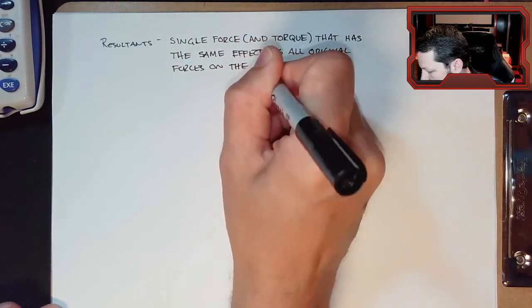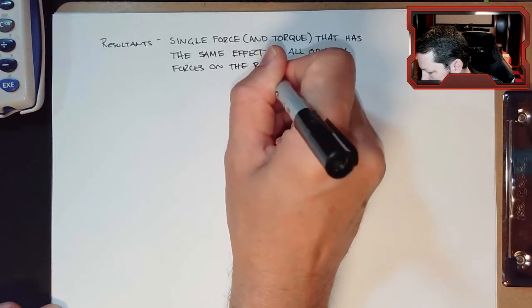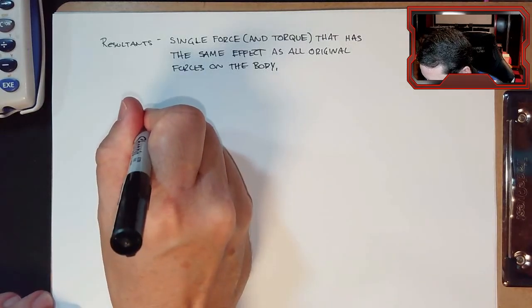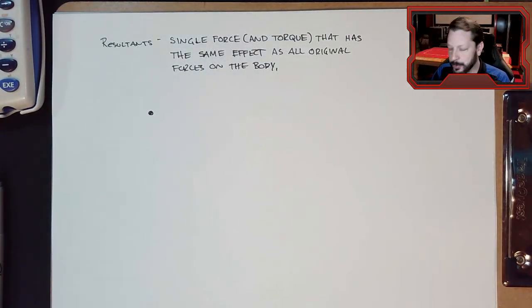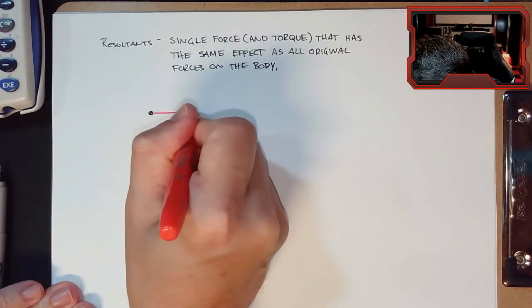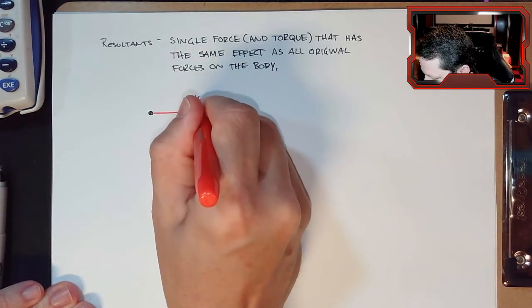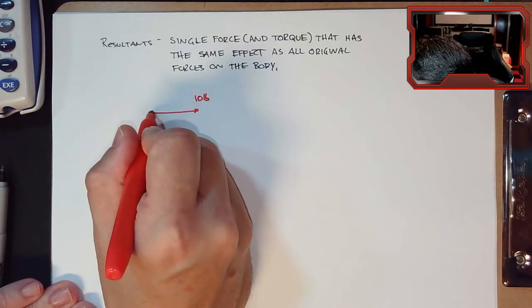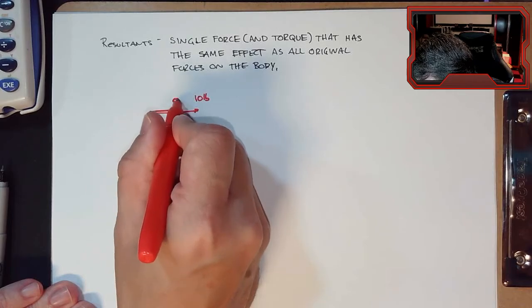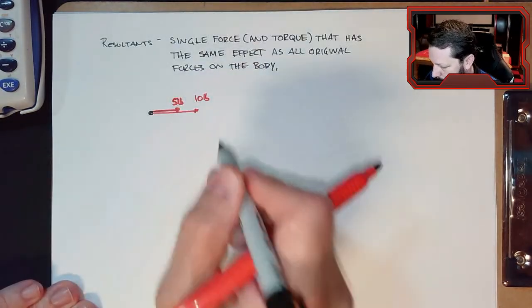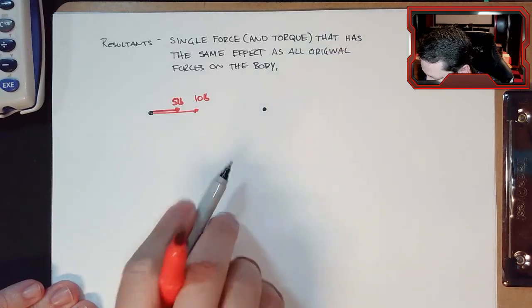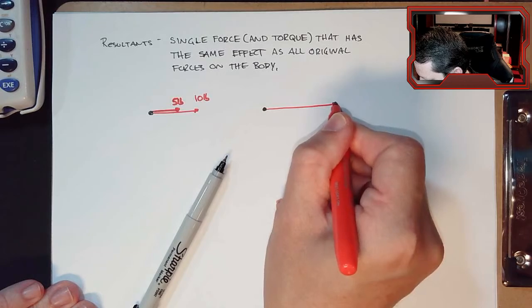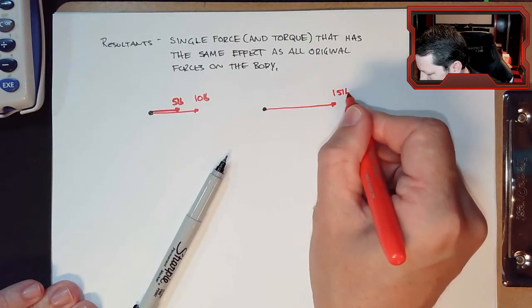So we can do a really simple example like this. Let's say we've got a body, and our body's just going to be a circle. So really simple. We have a force applied to it, and that force is 10 pounds. And then there's another force. Somebody else is also pushing on the thing with 5 pounds. Both of these are going in the same direction, so we'd have a single resultant force that's just 15 pounds.